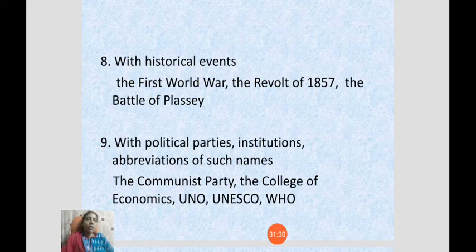In the same way, the Revolt of 1857, it is also a great historical event that turned the history of India, we can say. So that's why Revolt is capital, and 1857. The Battle of Plassey. This is also one great historical event of our Indian history. So Battle B capital and Plassey P capital.